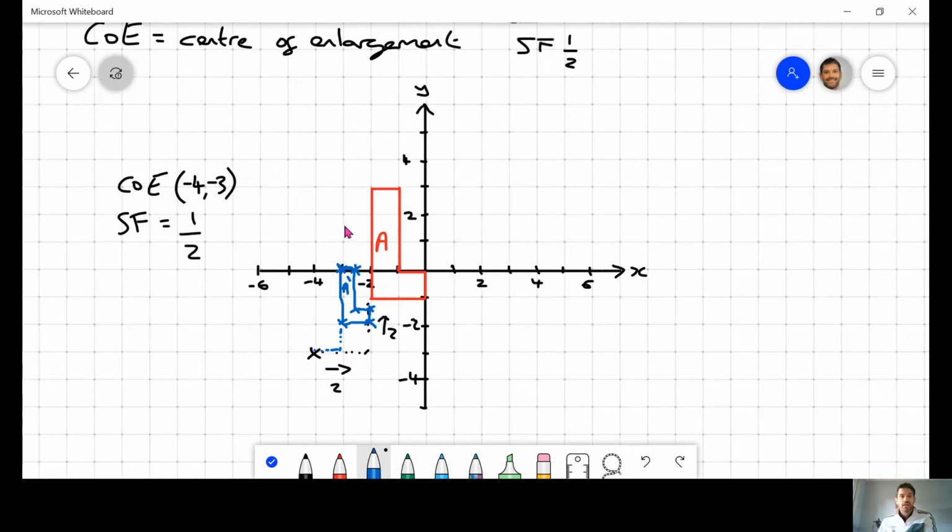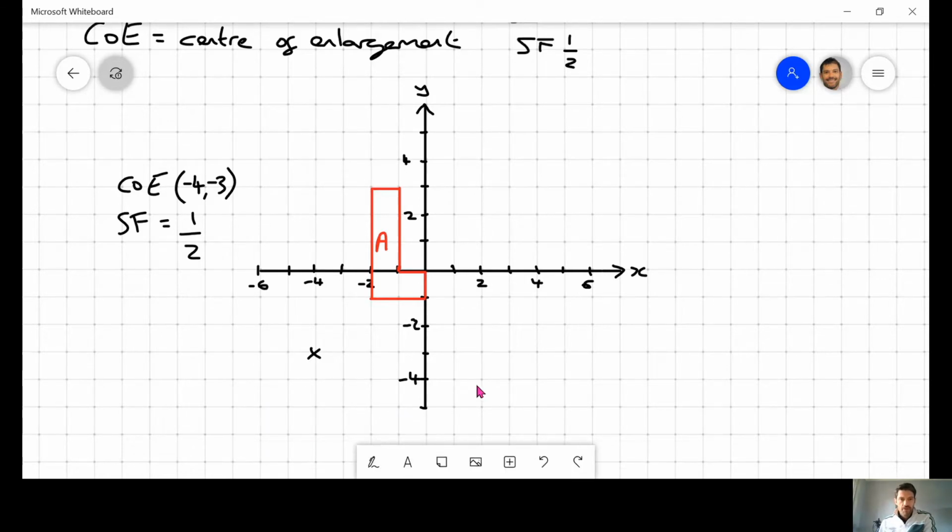So it all works. Now I just want to show you another one, because it can get harder, but just do the same thing as you're doing. Just do those steps. Set it out methodically, and hopefully you'll be all right.